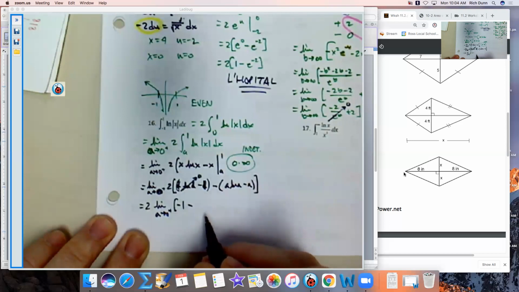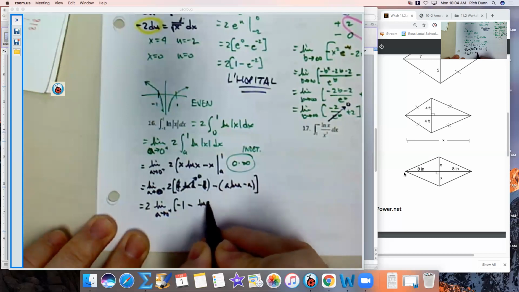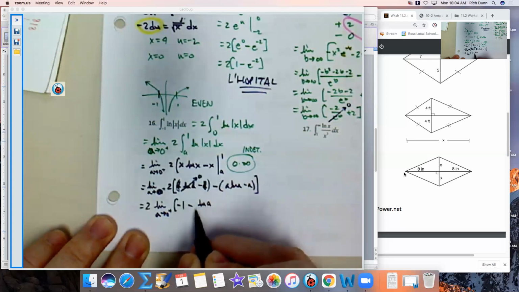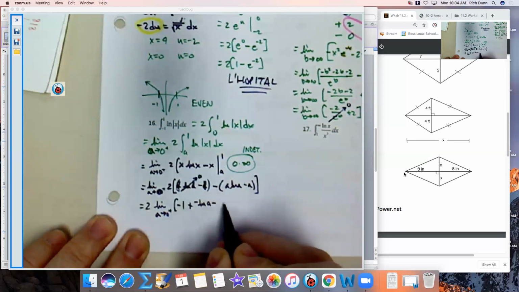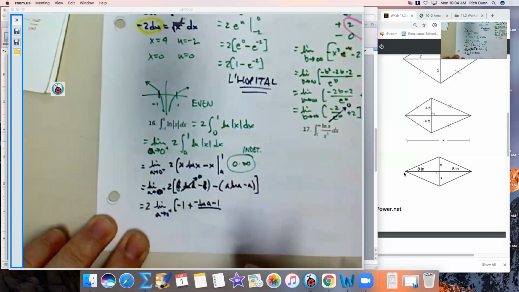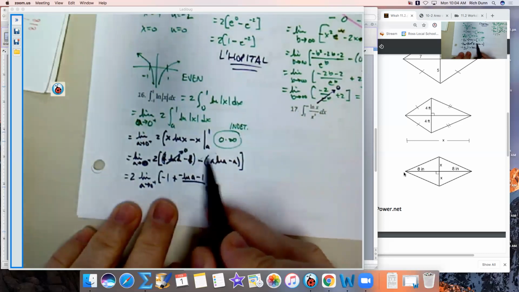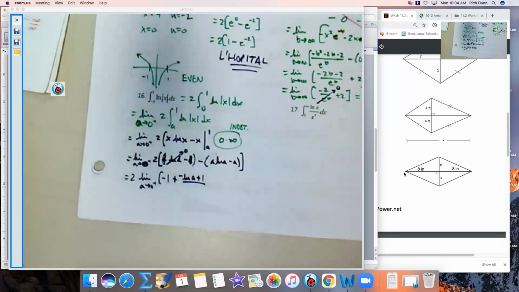So this will be negatives out here in front, the natural log of a. Negatives are getting me a little bit screwed up in here. So let me just put plus. I'll put a negative there, and then minus 1. Oops, no, I've got this negative here. That would be a plus 1.